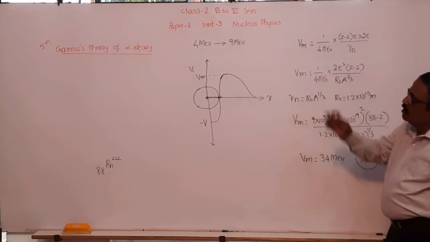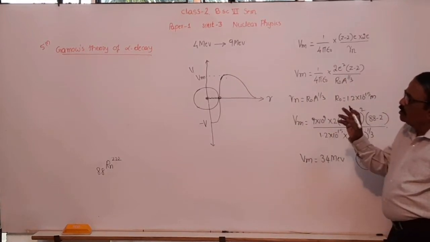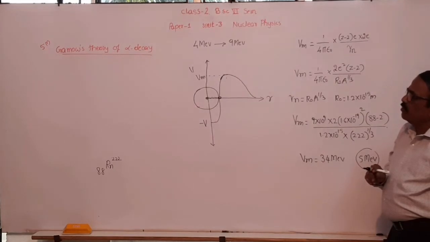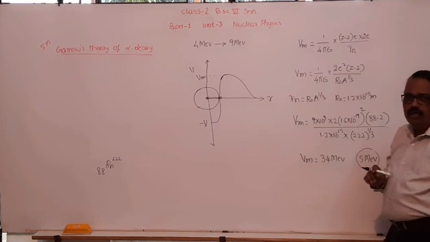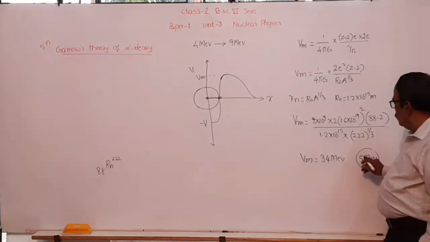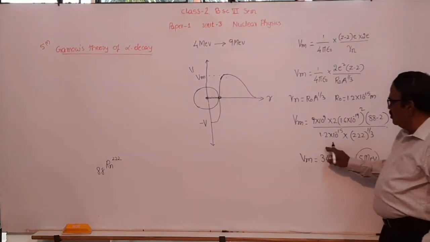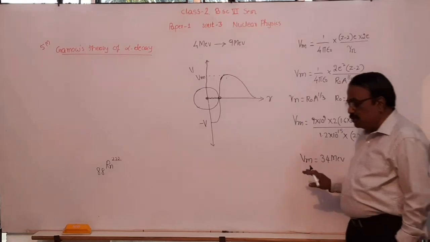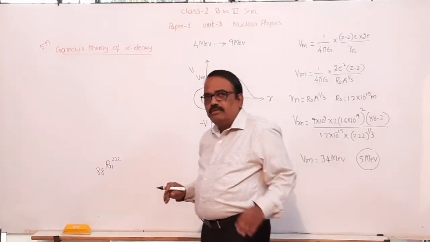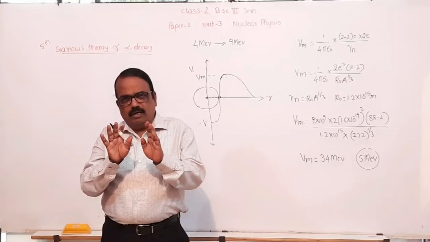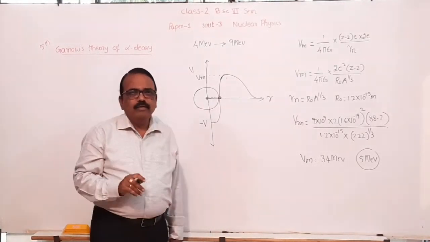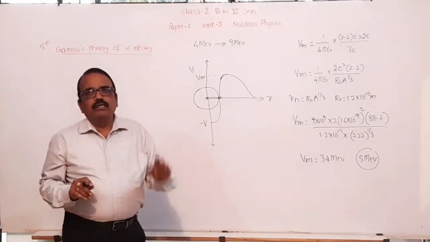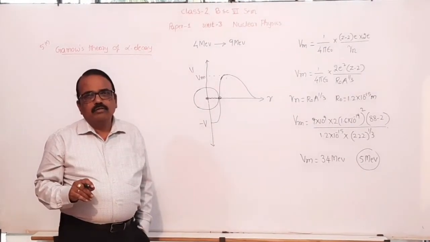But earlier we said that all radioactive elements have disintegration energy between 4 mega electron volts to 9 mega electron volts. So if an alpha particle has less than this energy, according to classical mechanics, the alpha particle cannot come out from the nucleus. Means alpha decay is not at all possible.